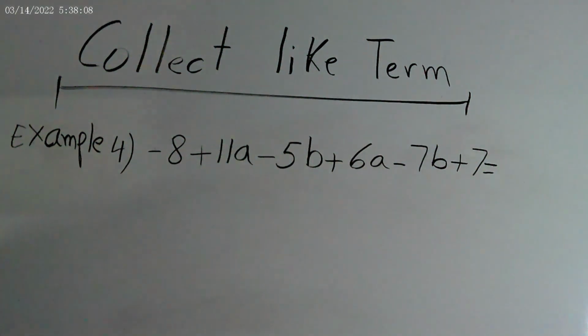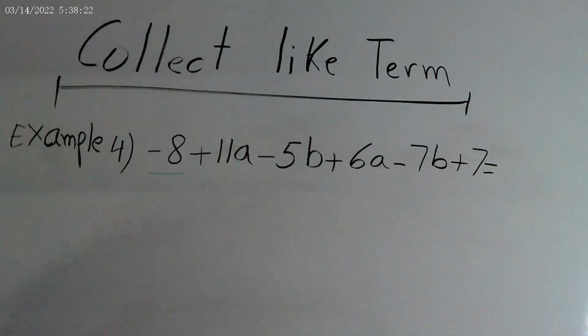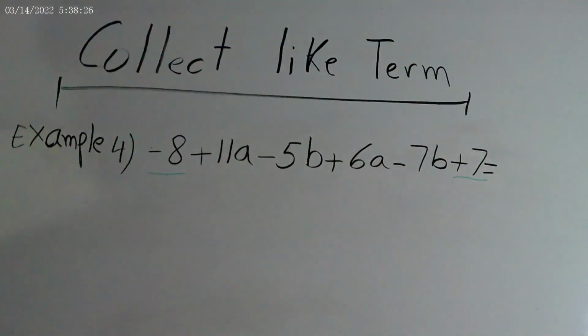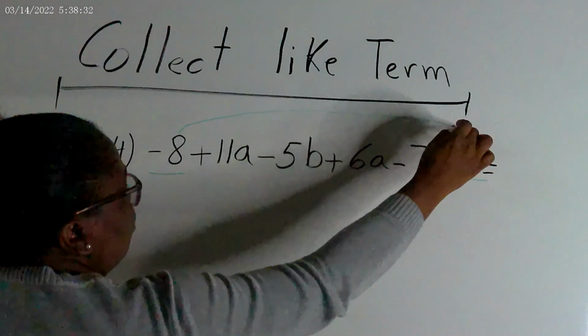So right here, we're going to check which one has the same variable. You're going to use a different color for each one. You have minus 8, which is a constant, and then plus 7 is a constant. Those two go together, right?